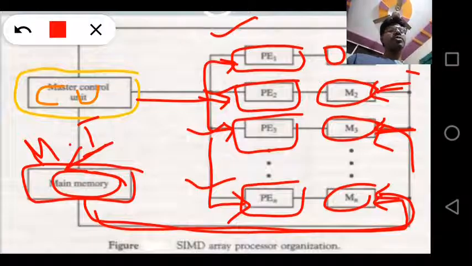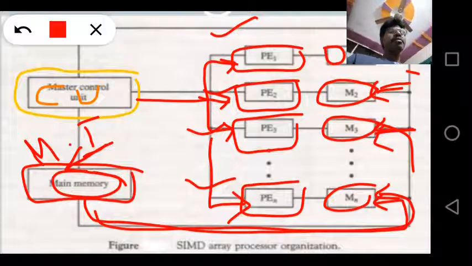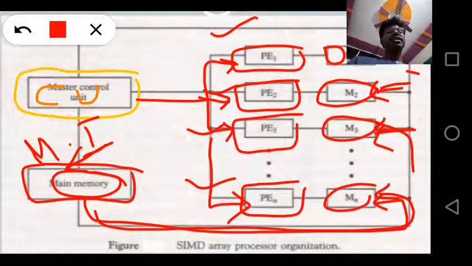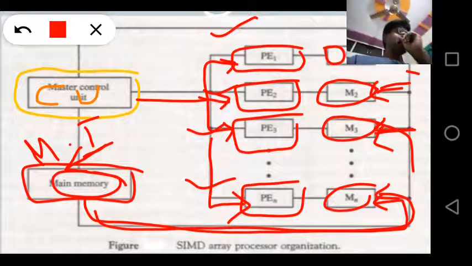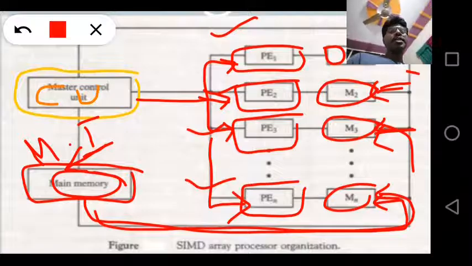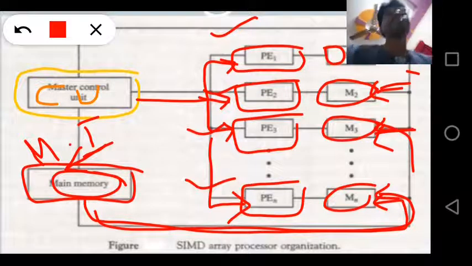If there is one common main memory, all processing elements have to wait. So if main memory is implemented with the technique called memory interleaving, then we can achieve parallelism over here. This is called SIMD processor.